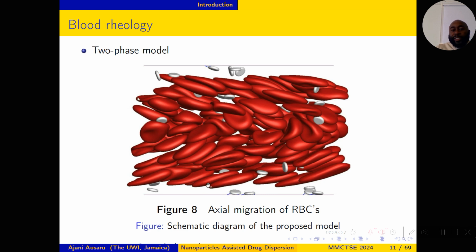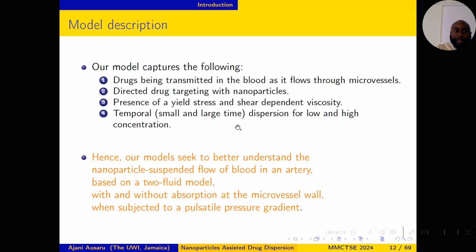What this enables us to do is model a two-phase model. In other words, the core region will be modeled as a Casson fluid, and the peripheral region near the walls will be modeled as a Newtonian fluid. So we have a two-phase model, Newtonian as well as non-Newtonian or Casson fluid in this case.